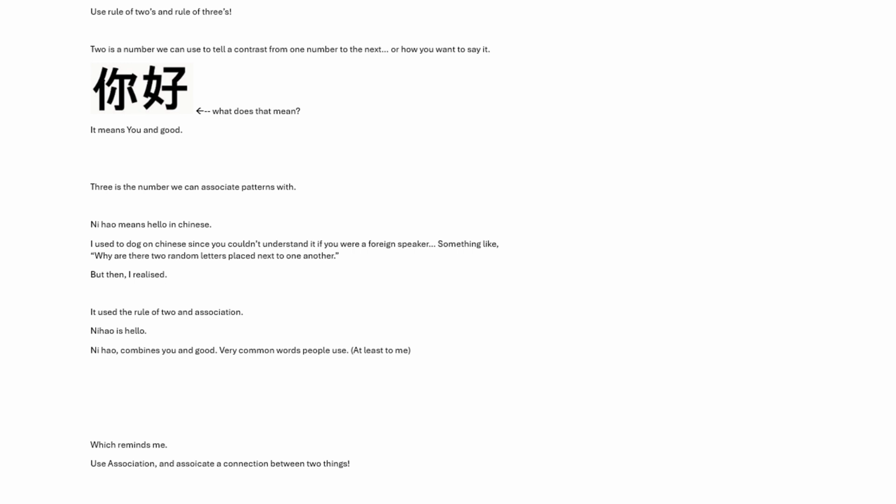I'm not good at English either, but Chinese characters, why are they there? What does it mean? It means you're good. So there is a number we can also associate patterns with.